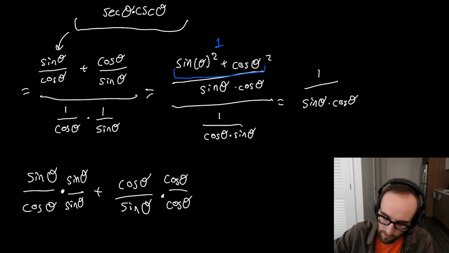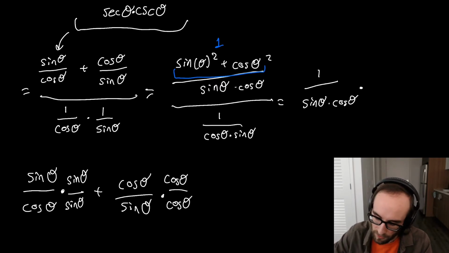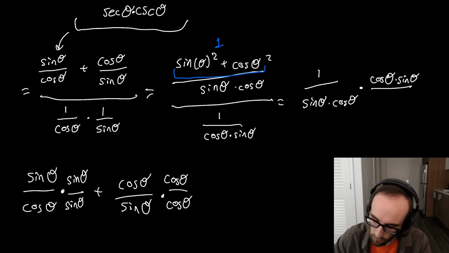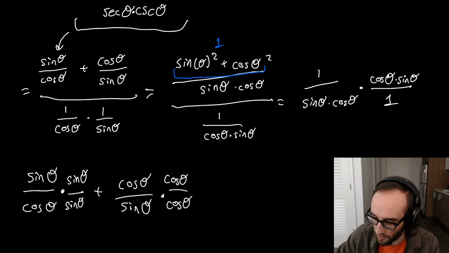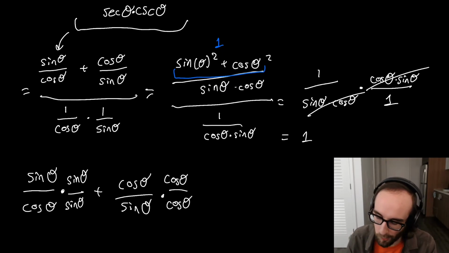And then we're dividing by a fraction, so I'm going to multiply by the reciprocal of the bottom, so times cosine theta times sine theta, and that's all over 1. So finally, if we multiply these two, you notice that the numerator and denominator cancel out. So we end up with 1 over 1, or 1.